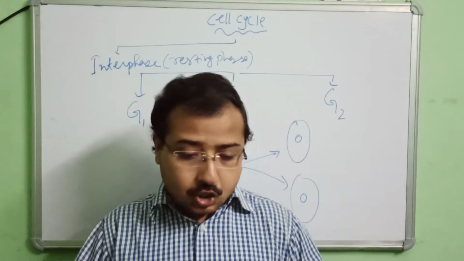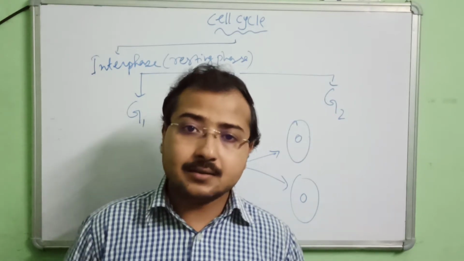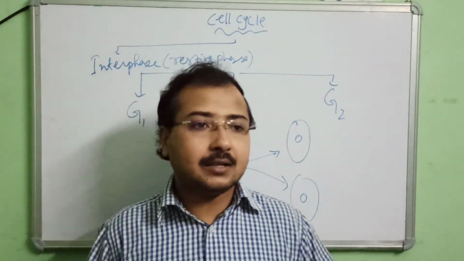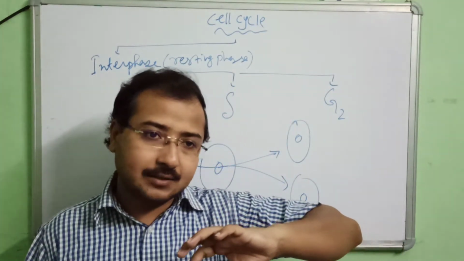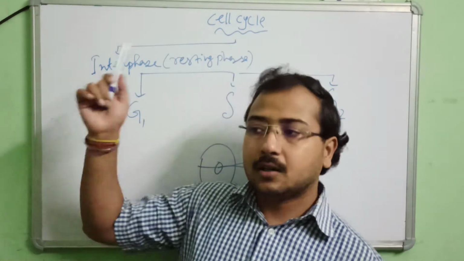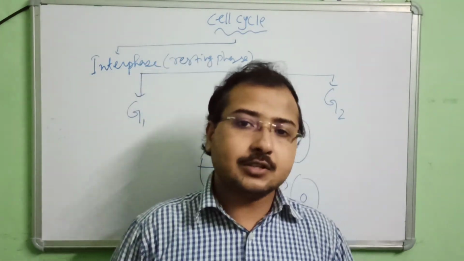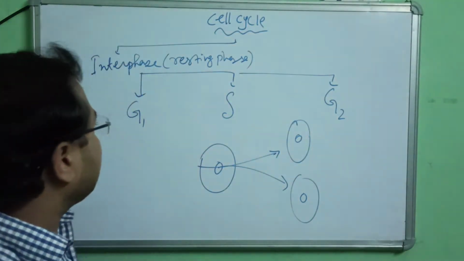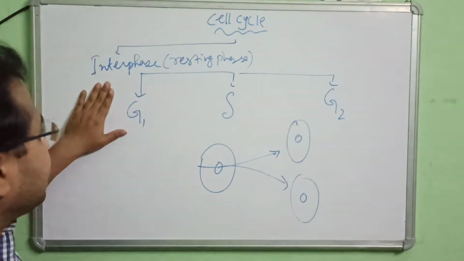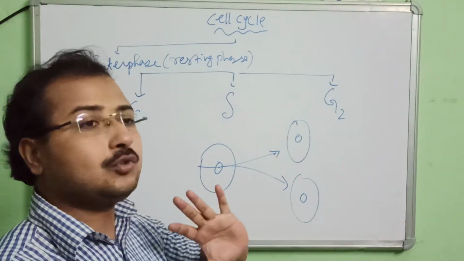Now, the majority of the time of the cell cycle is spent in interphase. If a cell takes 24 hours to divide itself, including the whole cell cycle, then out of 24 hours, the majority of the time is invested in preparing the cell for division, that is interphase, and very little time is taken to divide.